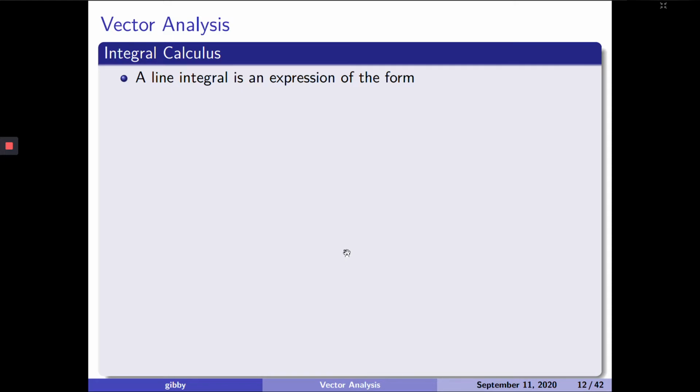Okay, so we'll have a review on this, and upon completion of this chapter, you should be able to understand the concept of integrals of functions and vector fields over parameterized surfaces and compute them in simple examples.